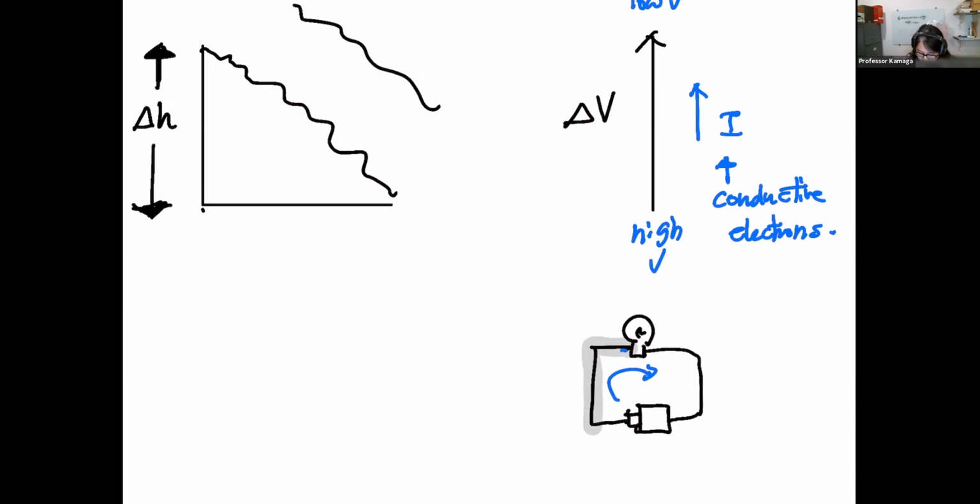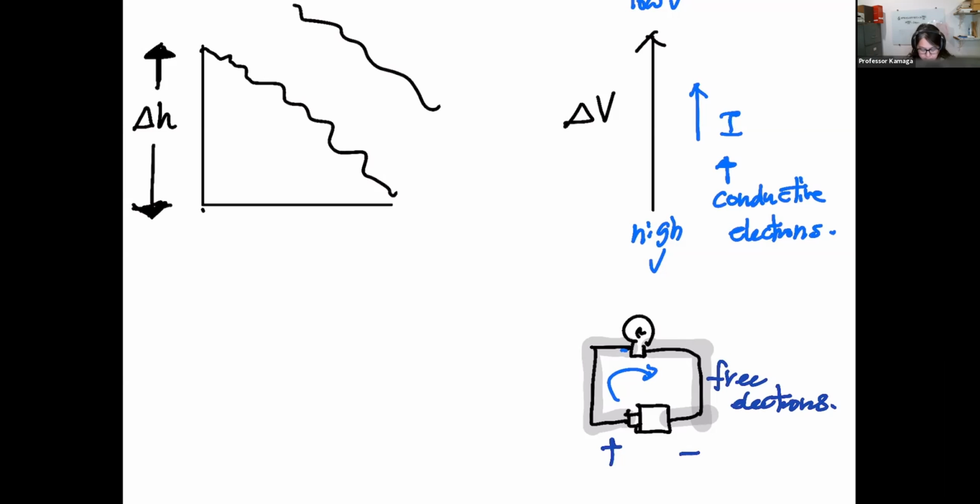Inside this wire, there are conductive electrons, free electrons, just like water in a water pipe, right? So these free electrons flow from high to low voltage.